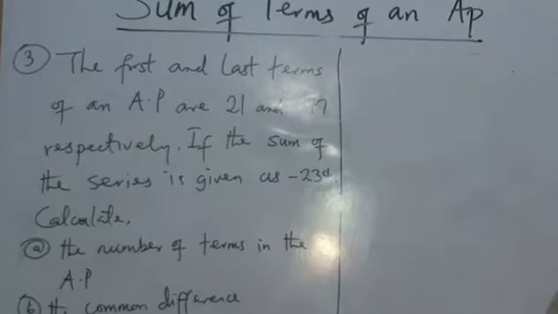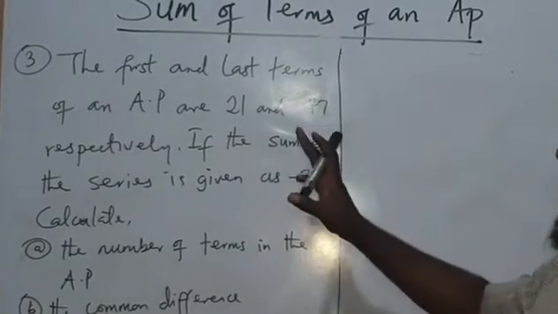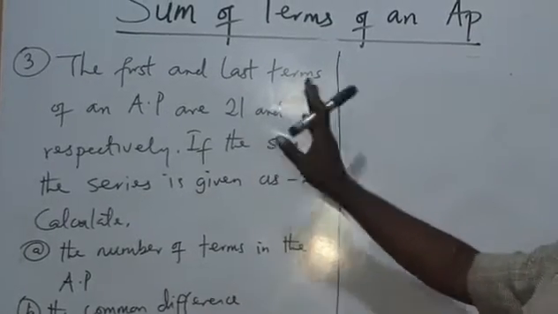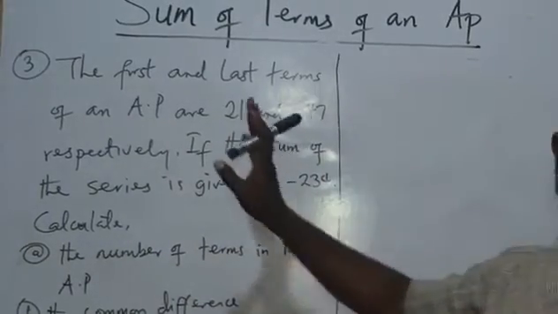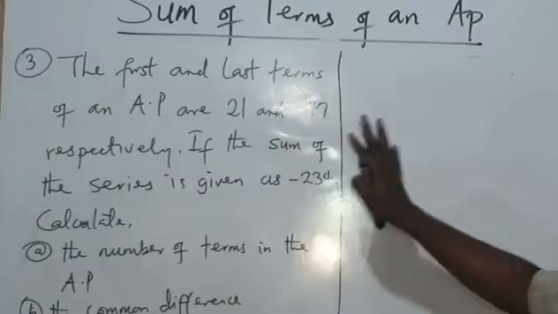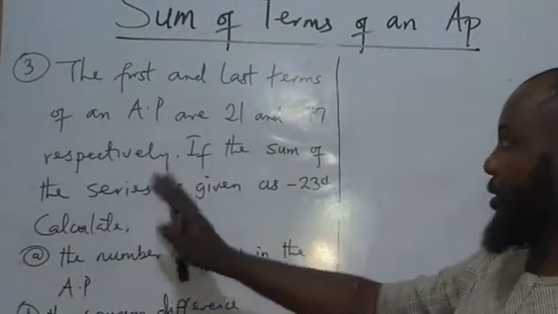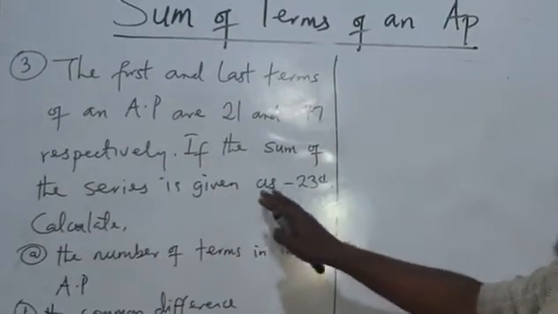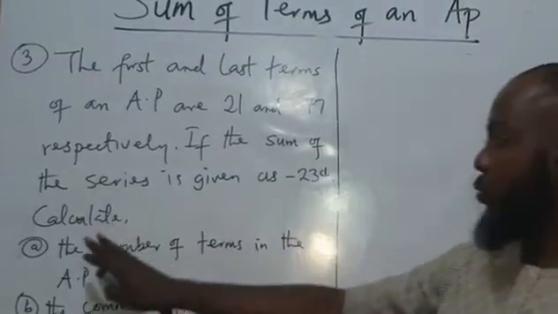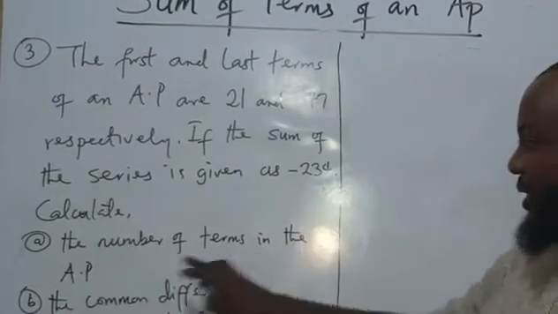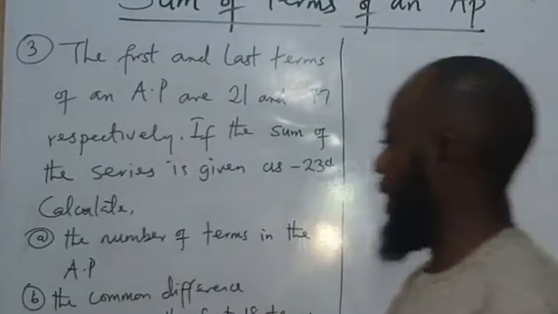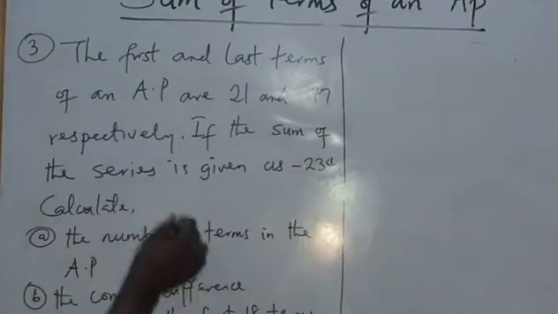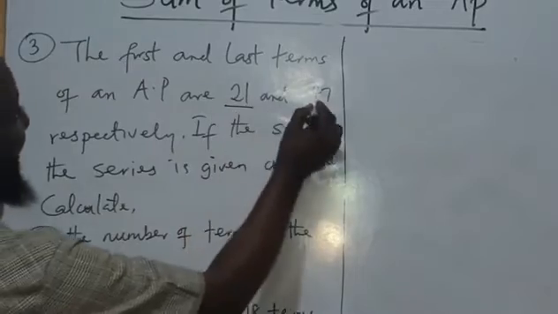So this is the third example. The first and last term of an AP are 21 and minus 47 respectively. If the sum of the series is given as this, calculate the number of terms in the AP, and the common difference. If we look at this question, you notice that we were given the first term and the last term.